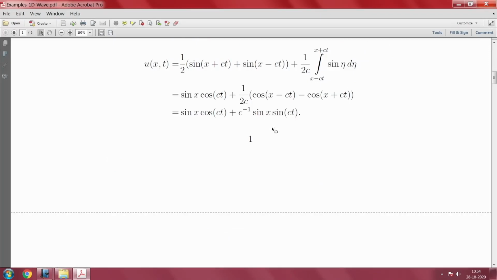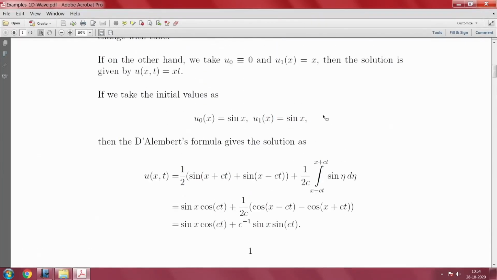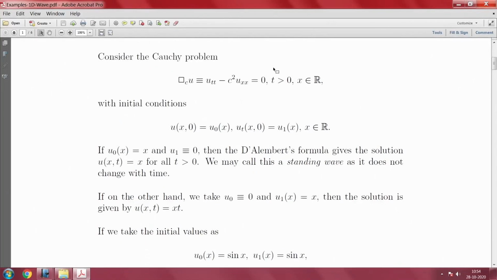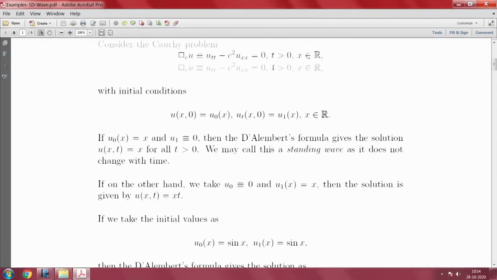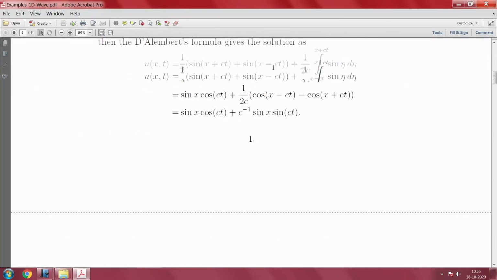I did not mention the inhomogeneous equation here, so you should also try that. Taking instead of 0, some f(x,t), where you can integrate it easily, and see how Duhamel's principle works and write down the solution. Okay. So, this is for D'Alembert's formula.